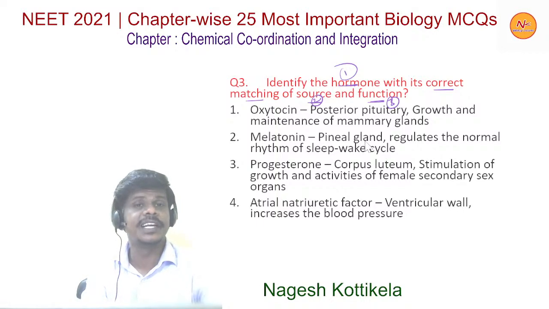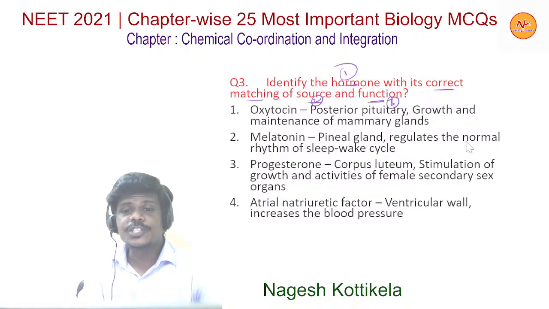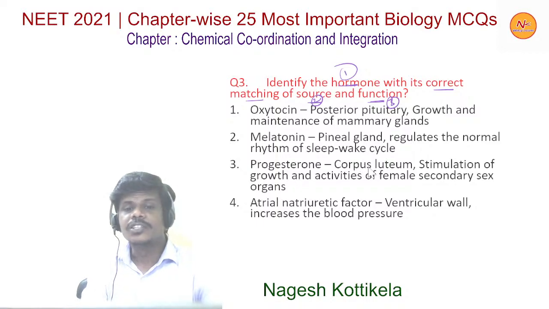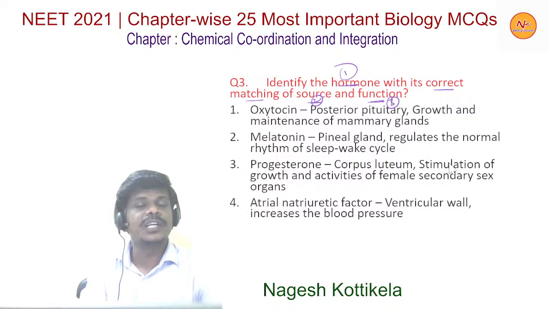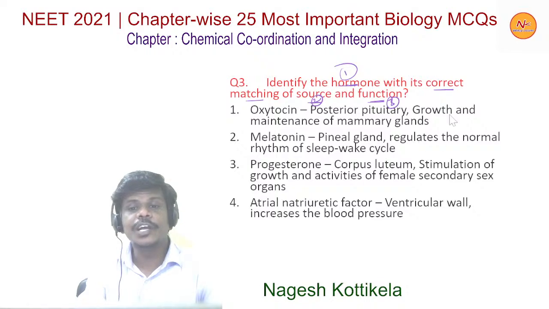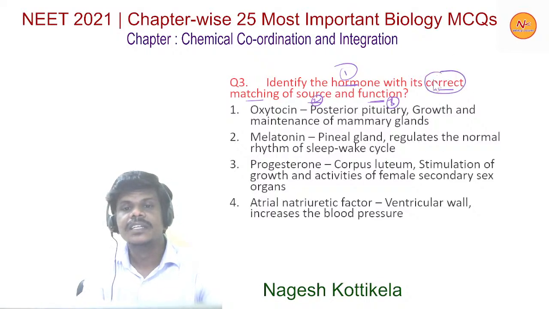The source is pineal gland and the function regulates the normal rhythm of sleep-wake cycle. And option 3, progesterone. Source corpus luteum and the function stimulation of growth and activities of female secondary sex organs. And the fourth one, atrial natriuretic factor. Here the source ventricular wall and the function increases the blood pressure. Here we have to find out the correct matching.